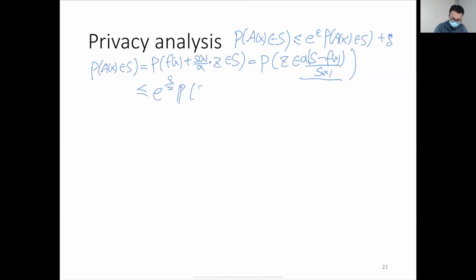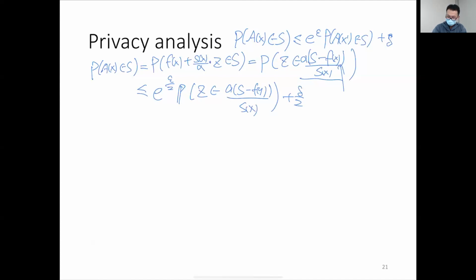So now this is z belongs to alpha times (S minus f(y)) over S(x). Okay, plus half delta. So how should we understand this?